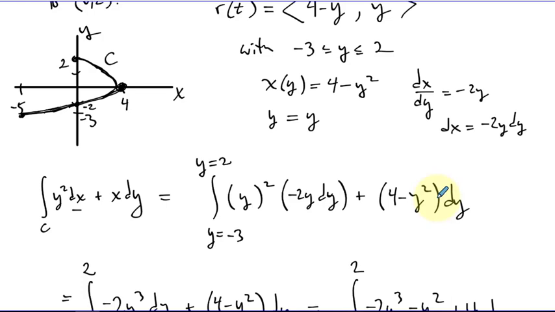I mean, it was absolutely forced for me to try to conceive of any way to think of this as work. It doesn't really make any sense. It's completely arbitrary. If that vector field was a force, this would be the work done by that force moving on this path.